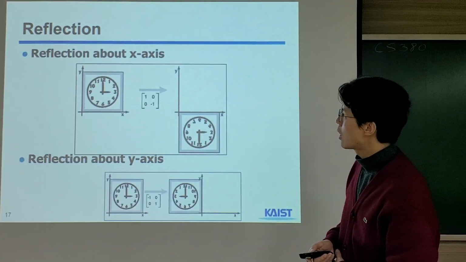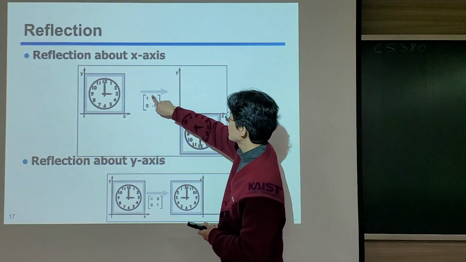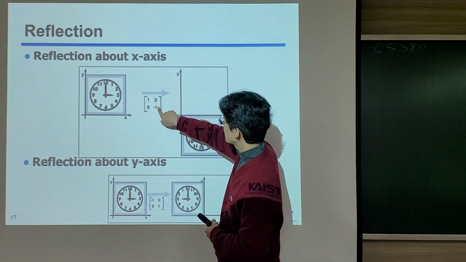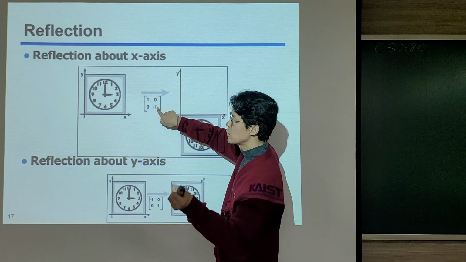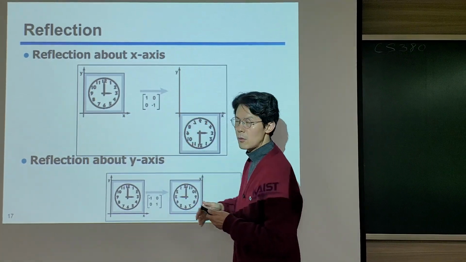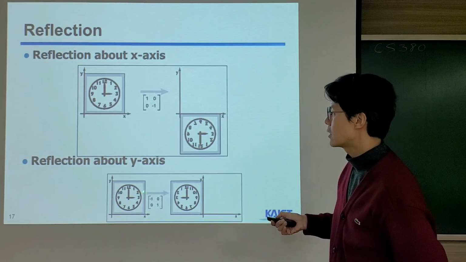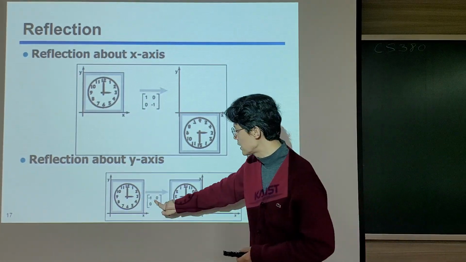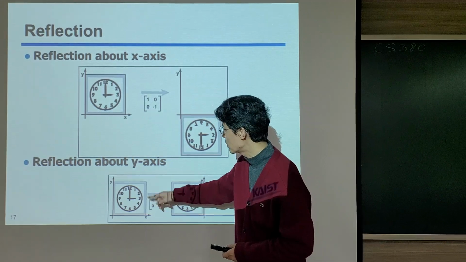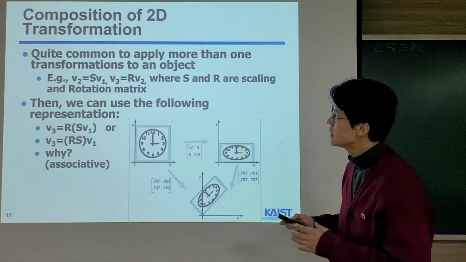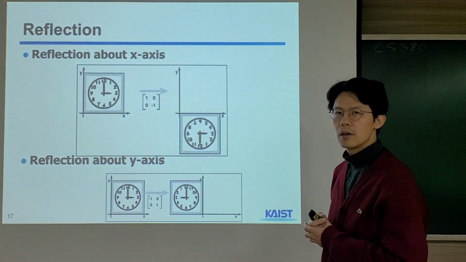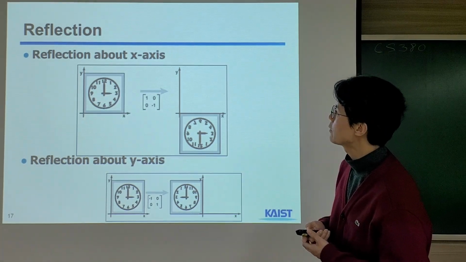Also, we can think about reflection along the x, where we have the -1. In other words, we negated the y direction. Also, this is another reflection about the y-axis, so we negated along the x coordinate with -1. These are the typical 2D transformations.